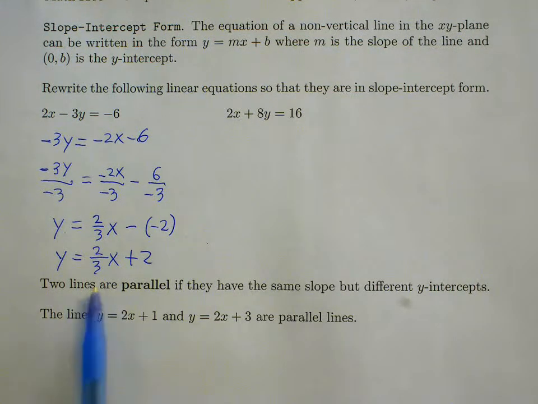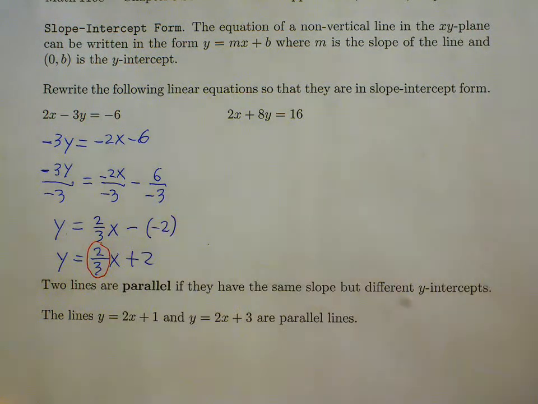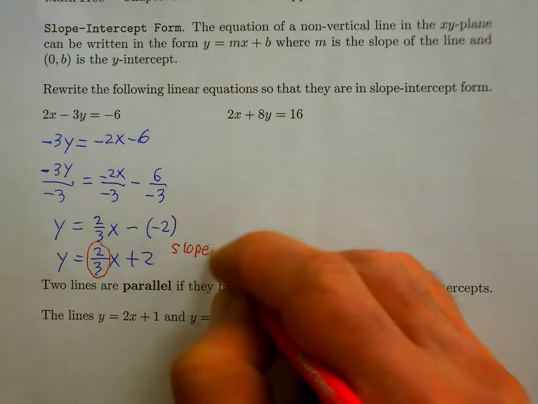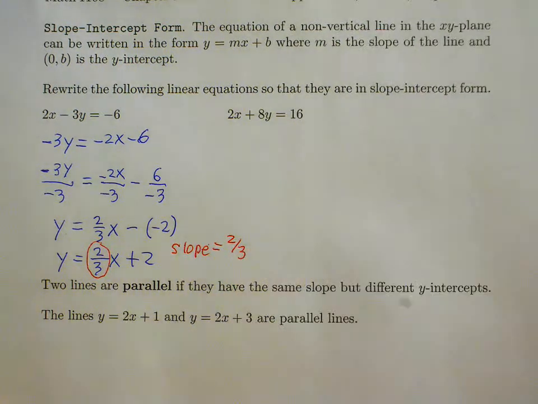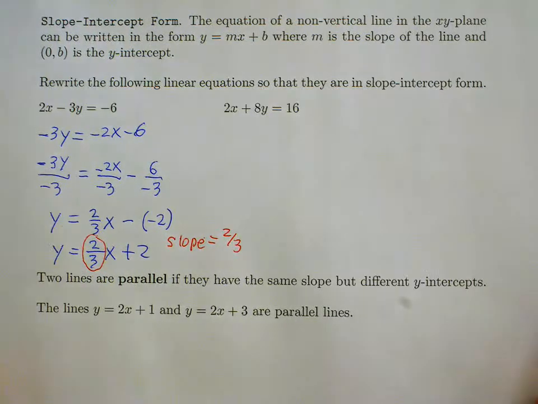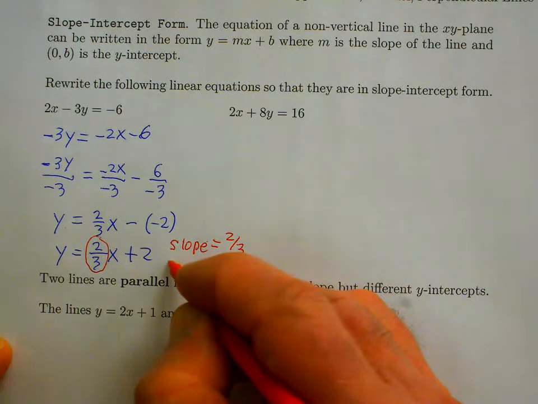So what's the slope of the line y equals 2/3 x plus 2? Yeah, the slope is 2/3. The coefficient of x is 2/3, so the slope is 2/3. And what else do we know? Yeah, the y-intercept is an ordered pair.